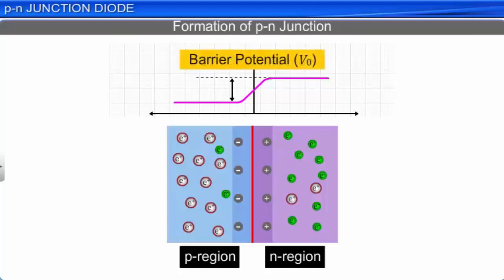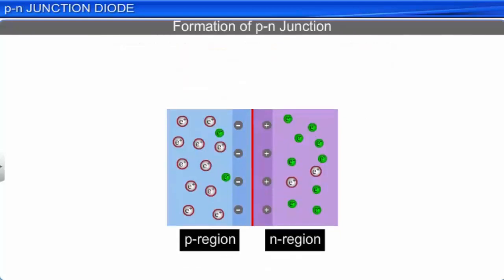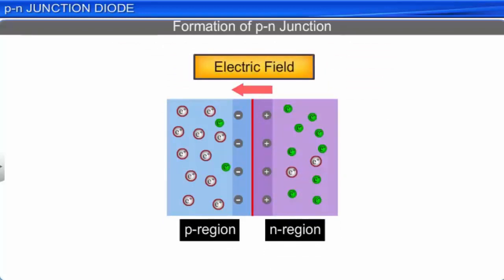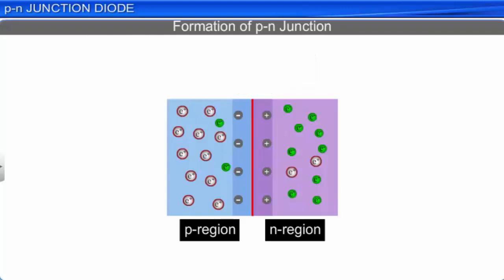The potential difference across the depletion region gives rise to an electric field directed from the layer of positive charges towards the layer of negative charges. The electric field across the depletion region causes electrons in the p region to move to the n region. This is called the electron drift.